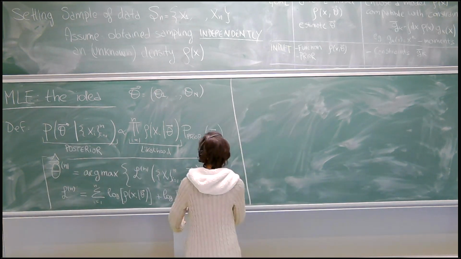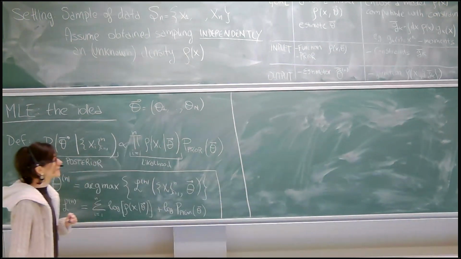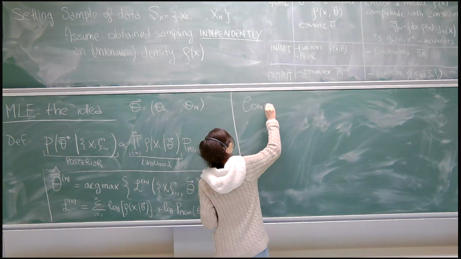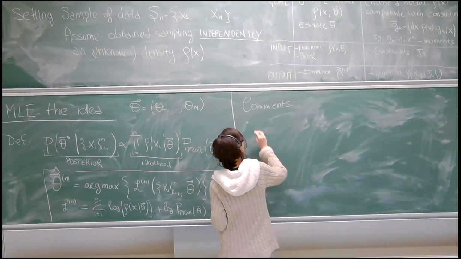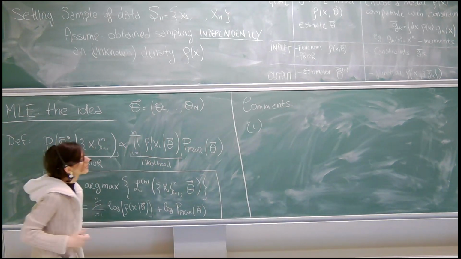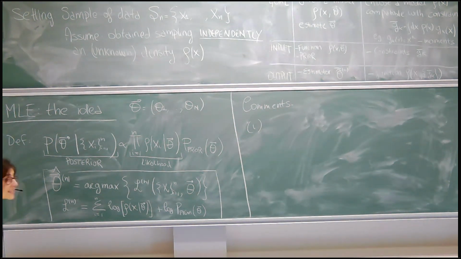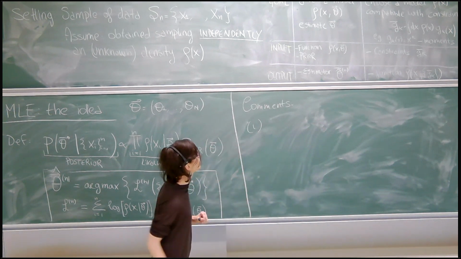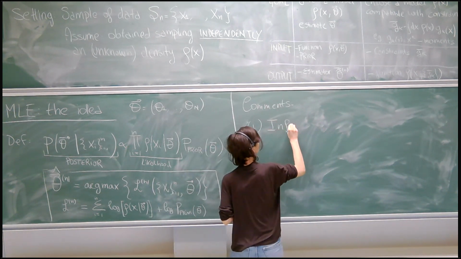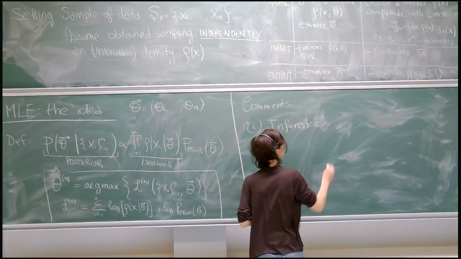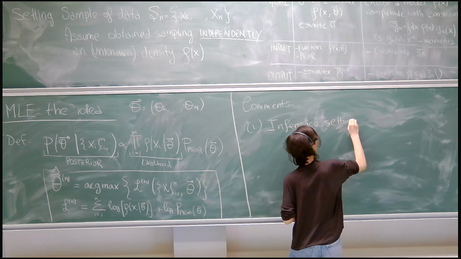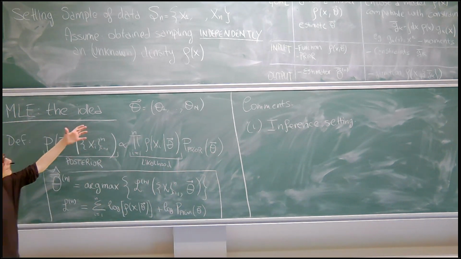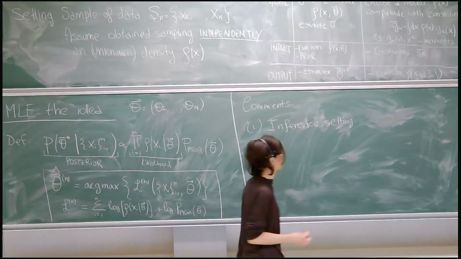Now, let me make a few comments before we see this concretely in an exercise. So the first comment is that the problem that we are dealing with, or the setting, is essentially the one that one has in general in inference problems. So we are in an inference setting where we are assuming that our data are extracted from a real distribution.